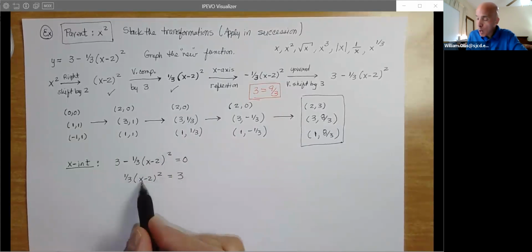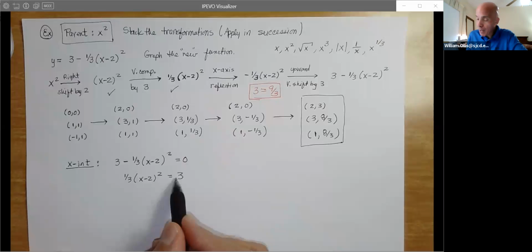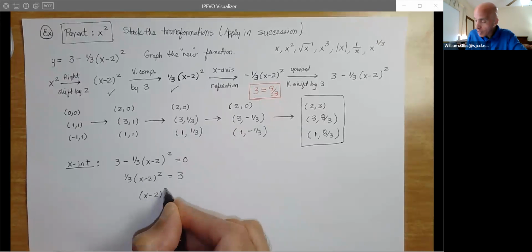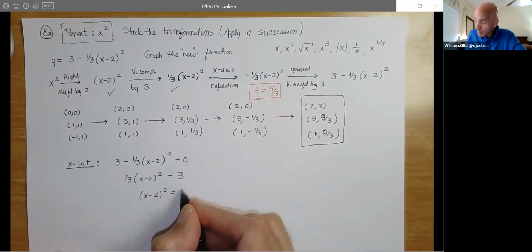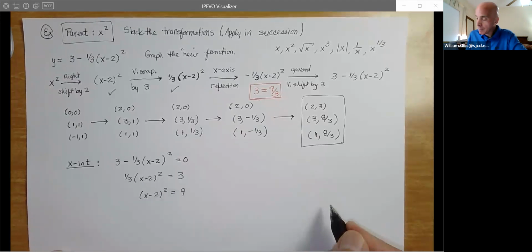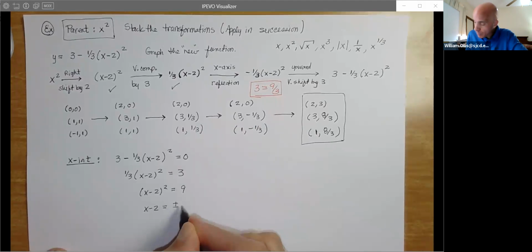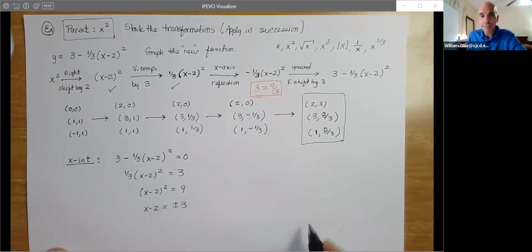Now we can solve for the square by multiplying by 3. So we get x minus 2 quantity squared equals 3 times 3 or 9. So now we have the square root property. So x minus 2 equals plus or minus the square root of 9, which is 3.